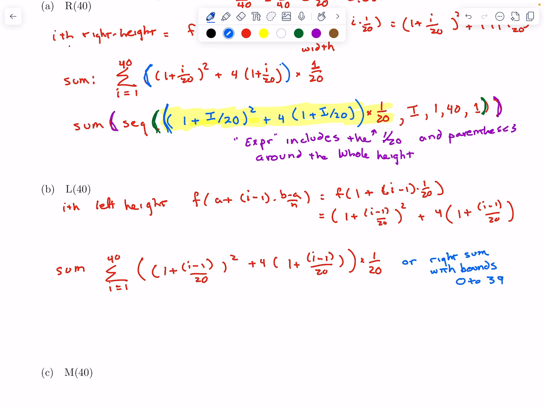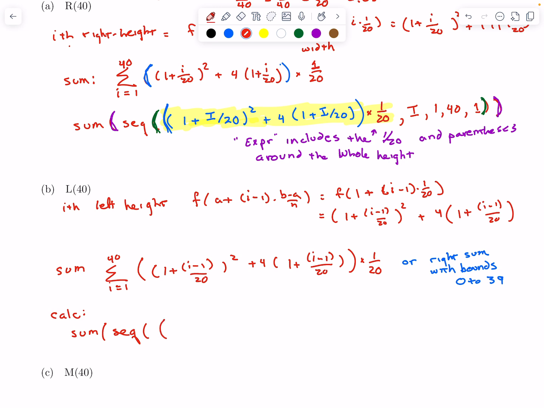Okay. Remember we had this alternate way of dealing with the left sum. You can make the bounds just go from 0 to n minus 1 instead. When you type in your calculator, and again, sequence forces parentheses.